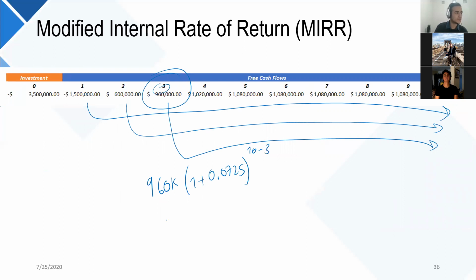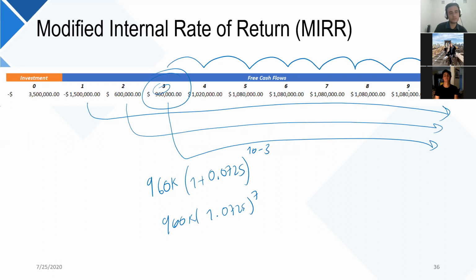Okay, so this one should be 160,000 times 1.0725 to the 7. Why 7? Because you are compounding 1, 2, 3, 4, 5, 6, 7 periods. Okay, that's why 7. And this will give you an amount that will be here. I don't know what this result is.